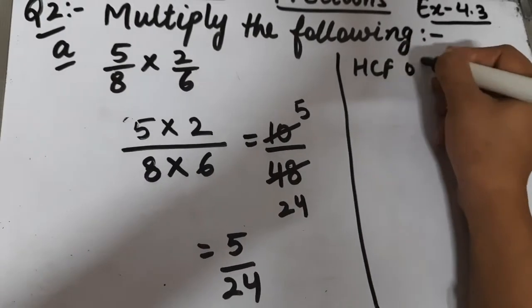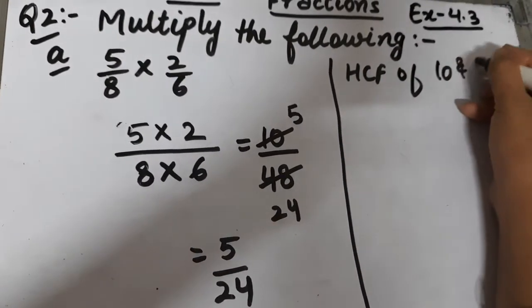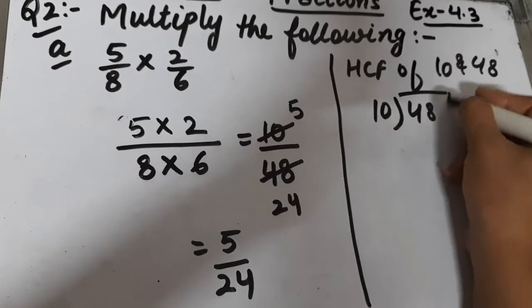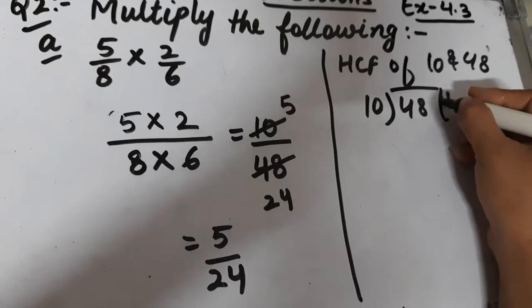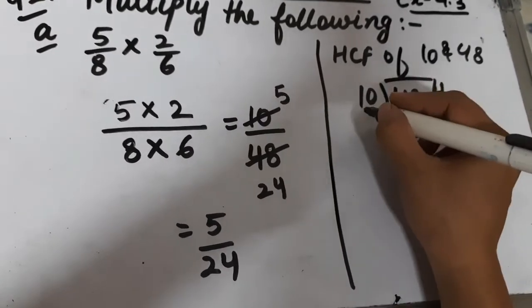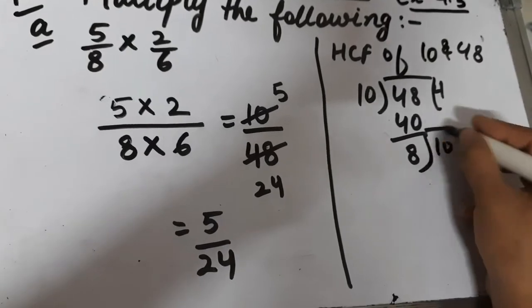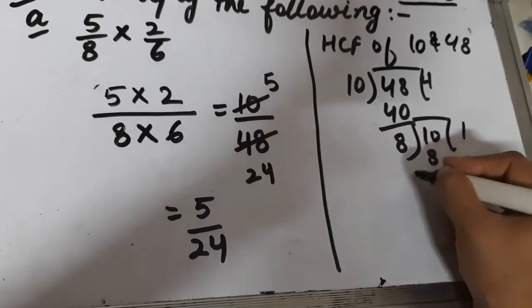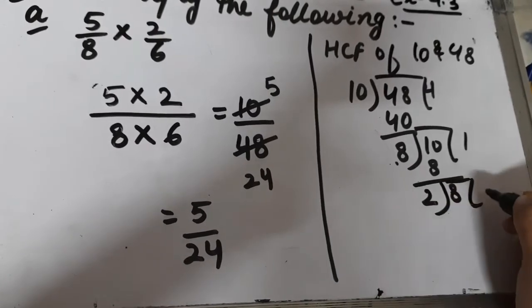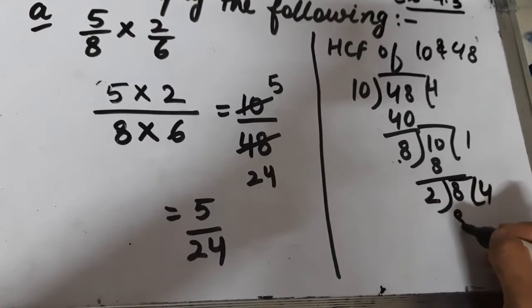HCF of 10 and 48. 10 4s are 40. Remainder will be 8. Now this divisor will become a dividend. 8 1s are 8. 2. This divisor will become a dividend. 2 4s are 8.